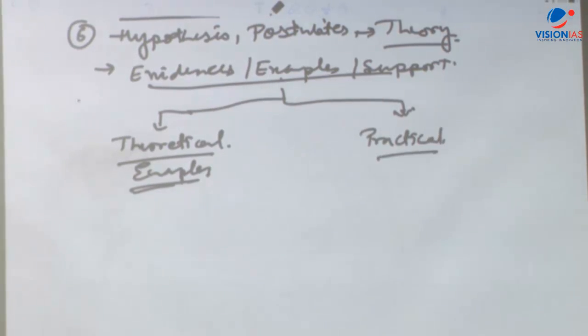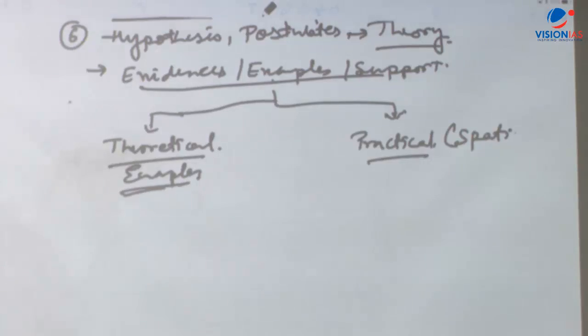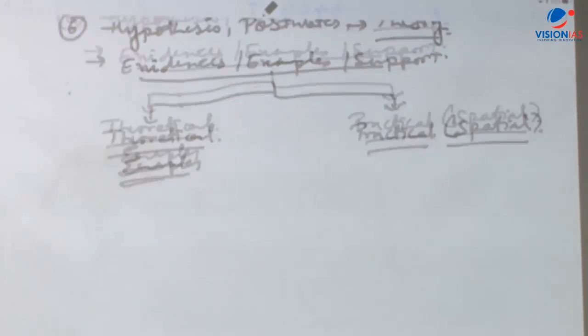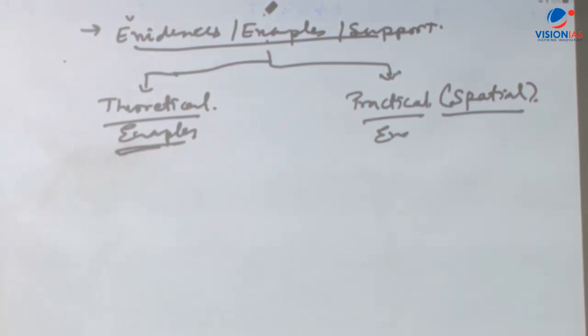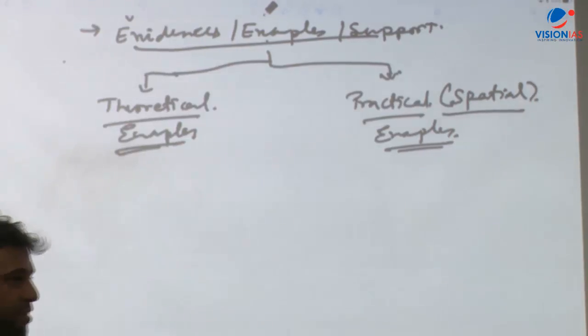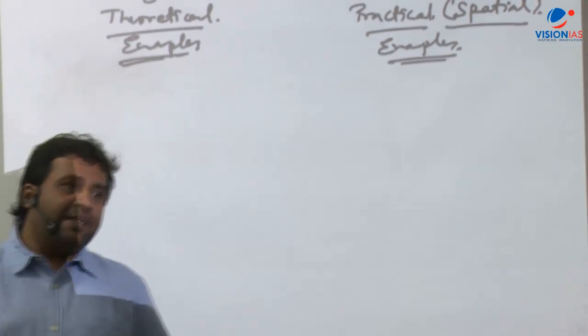Practical means spatial examples. So theoretical examples and spatial examples, both are given, okay? Spatial will be this is where it has happened, and theoretical will be some kind of a diagrammatic representation.